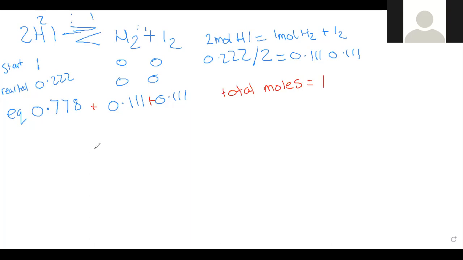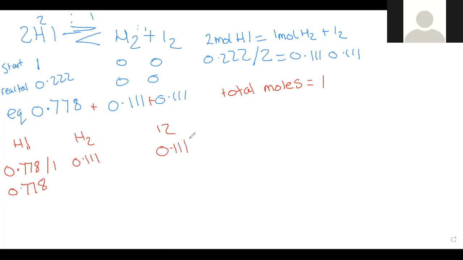For our mole fractions of HI, H2 and I2, for HI we're going to do 0.778 divided by 1, so obviously we're going to have 0.778. H2 would be 0.111 divided by 1, so it would be 0.111, and the same for I2.